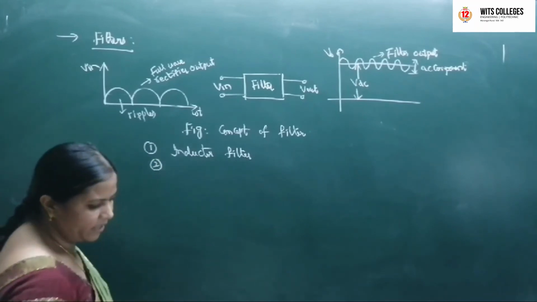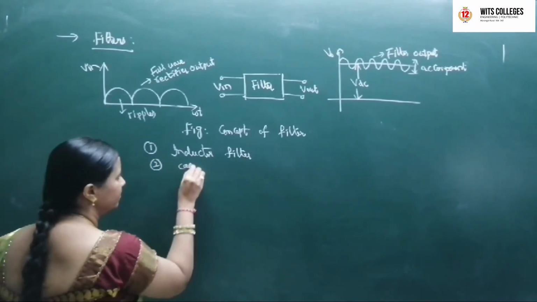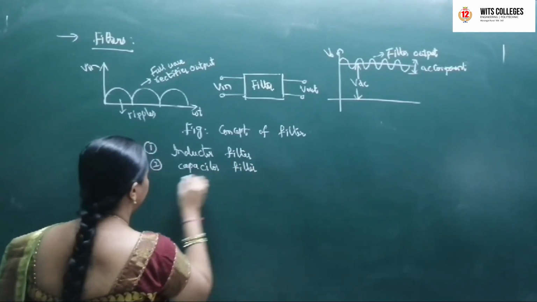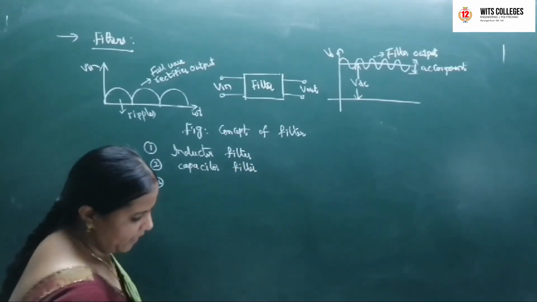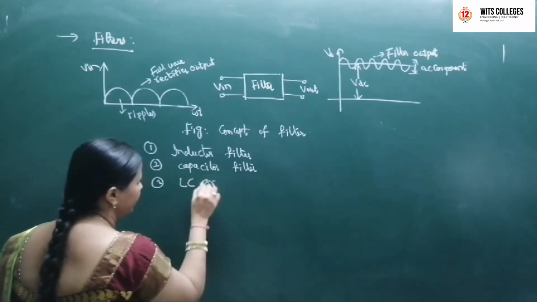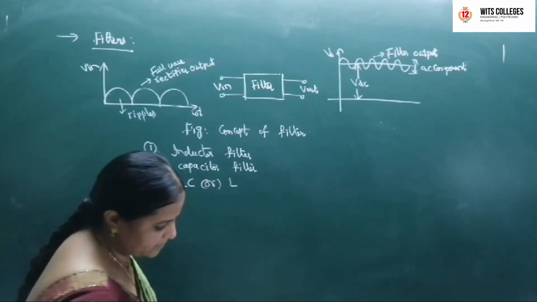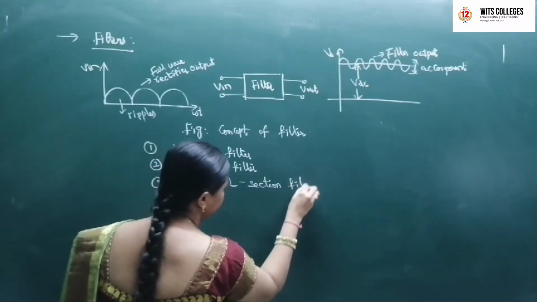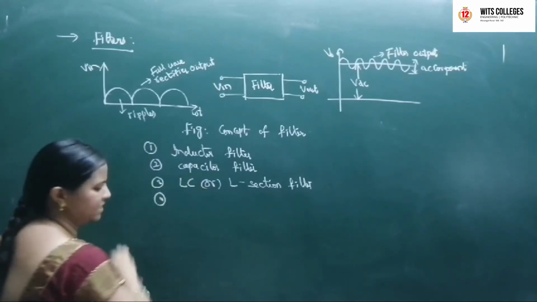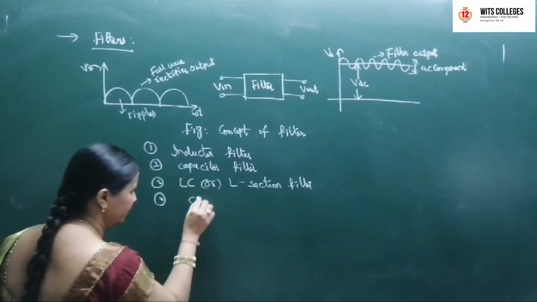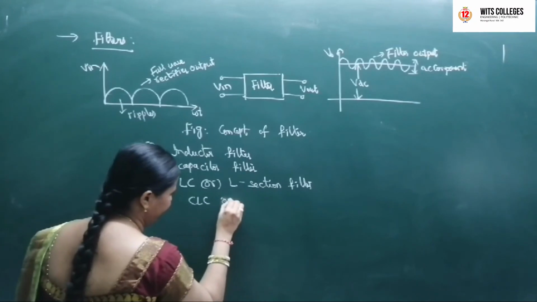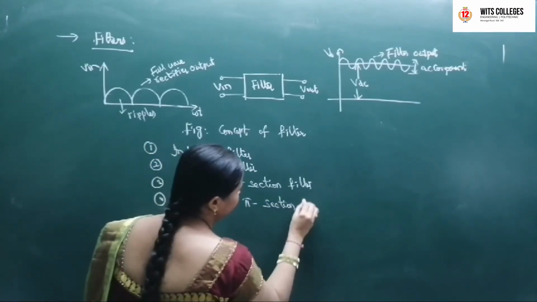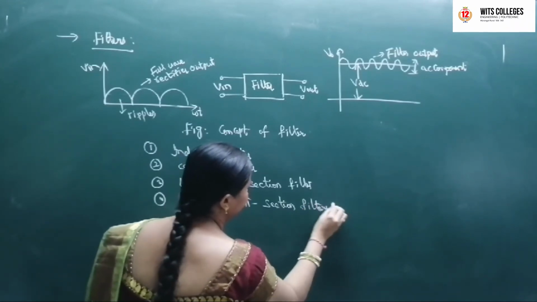So coming to the types of filters, you have inductor filter, capacitor filter, LC or L section filter, and the last one, CLC or pi section filter.